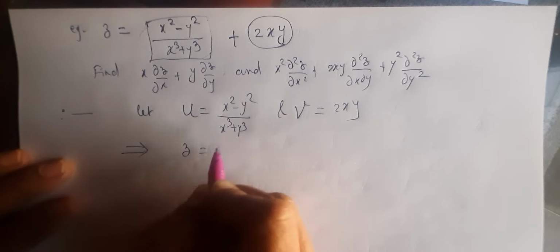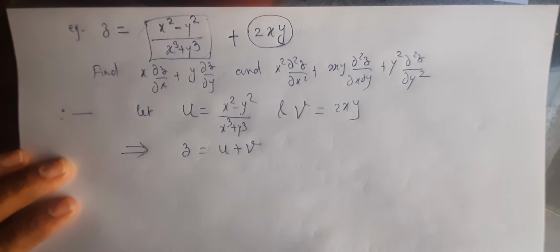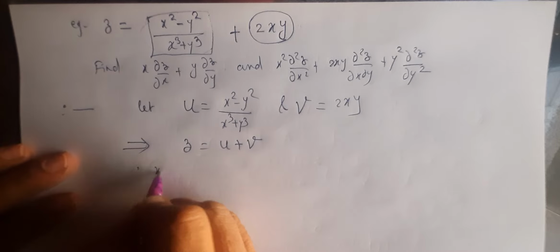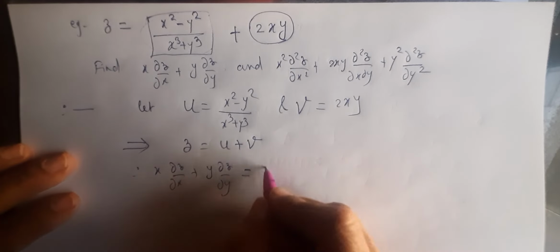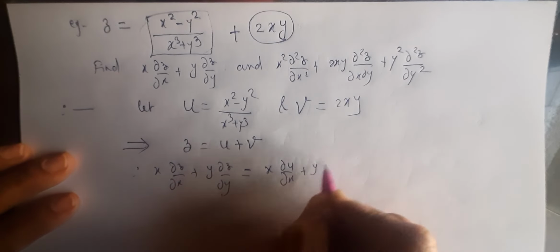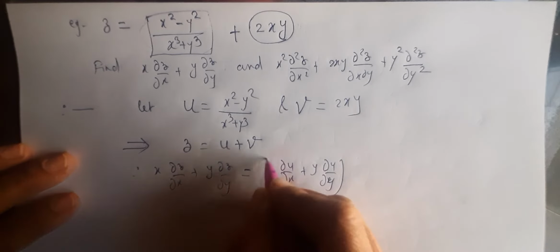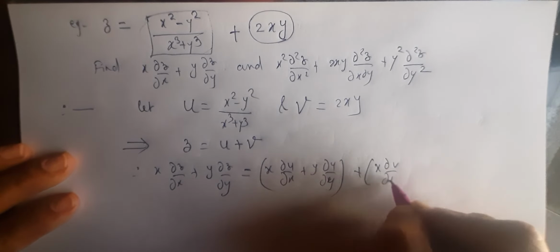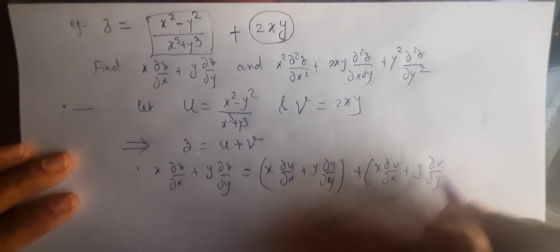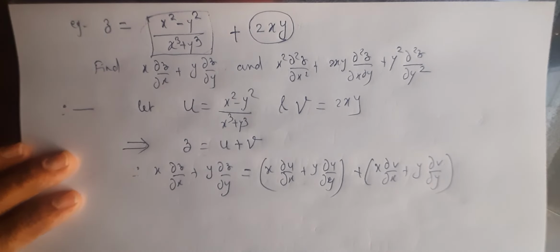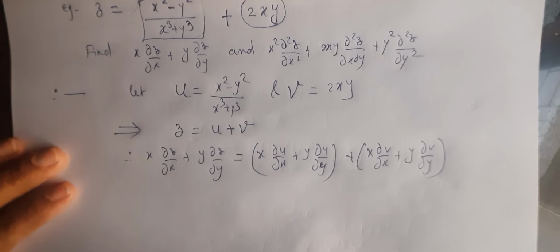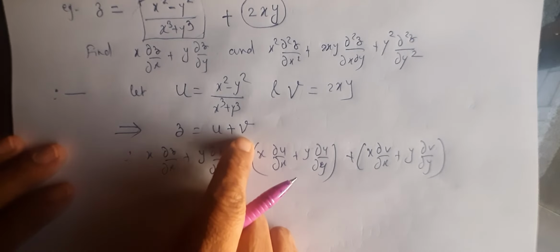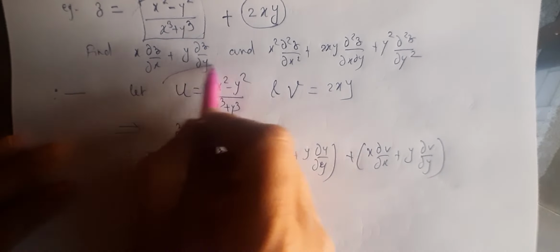First of all, z is u plus v, and because z is u plus v, x ∂z/∂x + y ∂z/∂y will be x ∂u/∂x + y ∂u/∂y + x ∂v/∂x + y ∂v/∂y, because the derivative of a sum is the sum of the derivatives. So this is as good as two problems, and we just add them and nothing else. First I will do it for u, then for v, and add them. Now while doing it for u, look at this u.